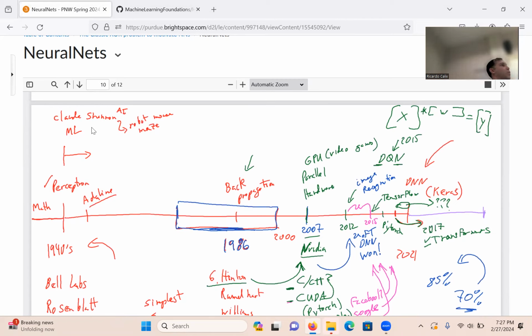We use some of those concepts in machine learning for learning. He was also a very eccentric character who rode a unicycle at Bell Labs. He was hired at Bell Labs just to have an office there, and people would have questions, so keep your door open. He was a genius and invented a whole bunch of things.